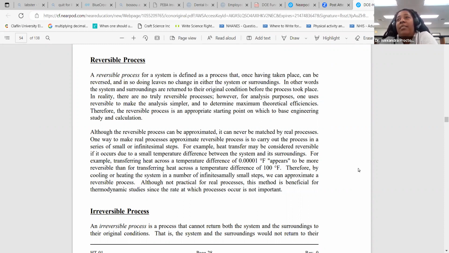Okay, so that system is not completely reversible. You're going to lose some of it. So eventually you're going to have to add some freon back to that system when you think about cooling your home or refrigeration. Although it's not practical for a real process, the method is beneficial for thermodynamic studies since the rate at which processes occur is not important.